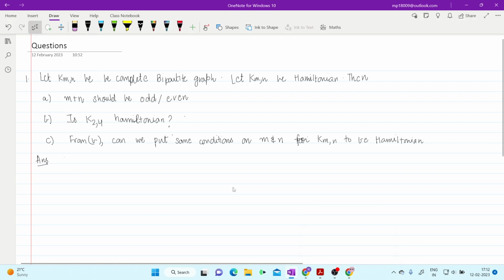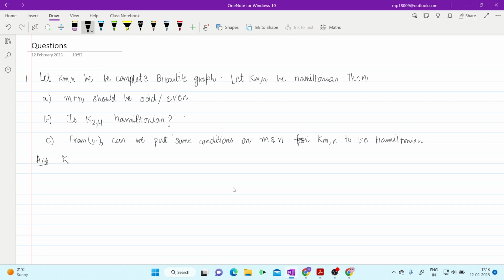So we have an answer: even. Can you tell why it is even? "Because that condition is the necessary and sufficient condition for Hamiltonian: every vertex should be even." That is a condition for an Eulerian graph.